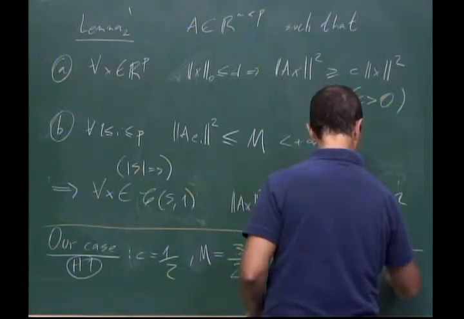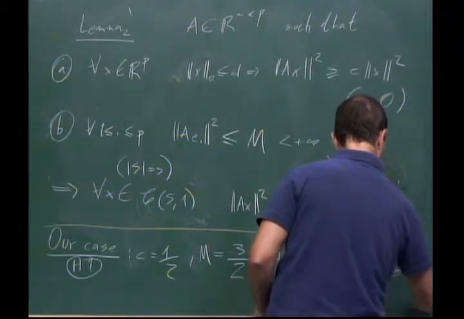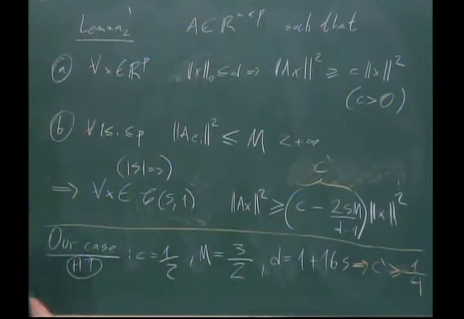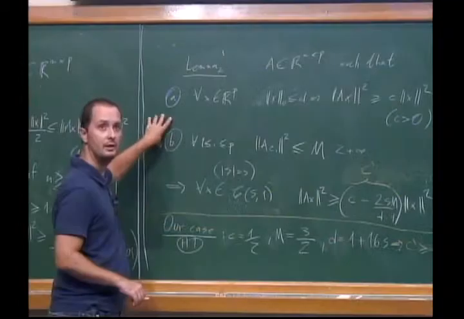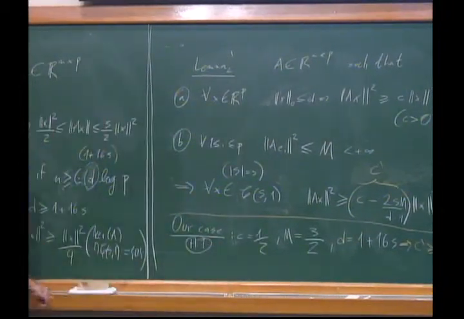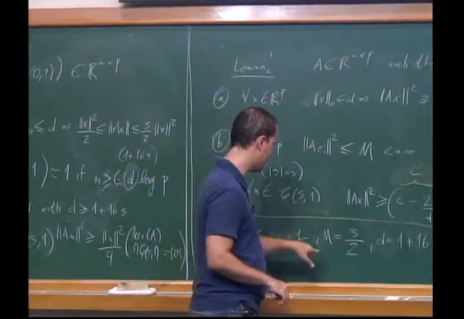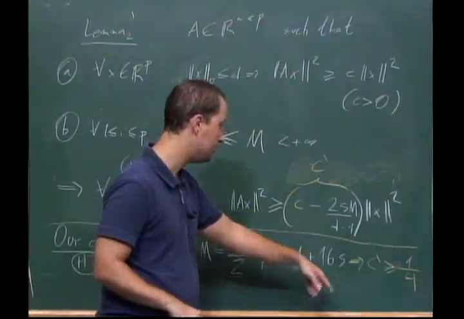Under our assumptions, you can show that C prime is greater than 1/4. So the statement of the lemma is here, and this is how we're going to apply it. Under property H1, which is what we're going to prove, you can take C equals 1/2, M equals 3/2, and D like this, and then everything works.